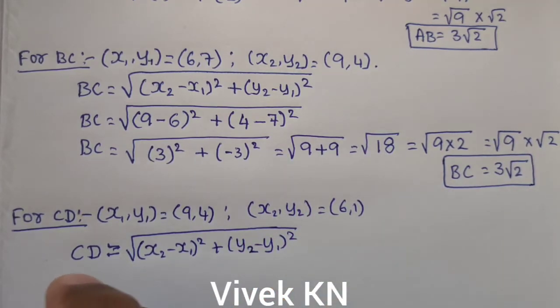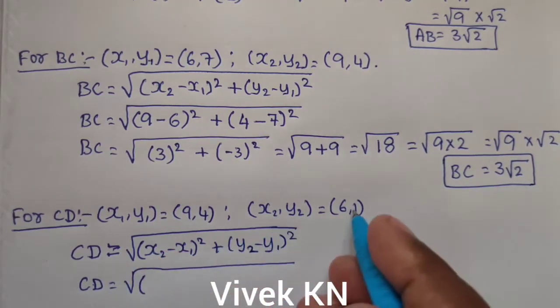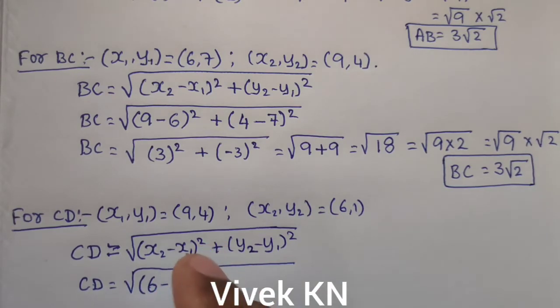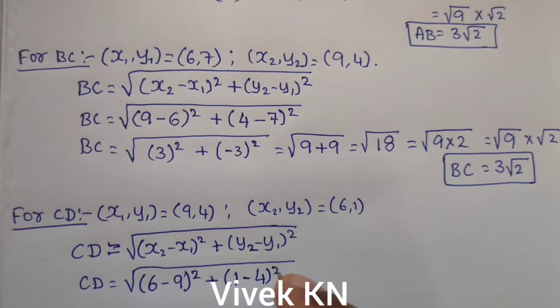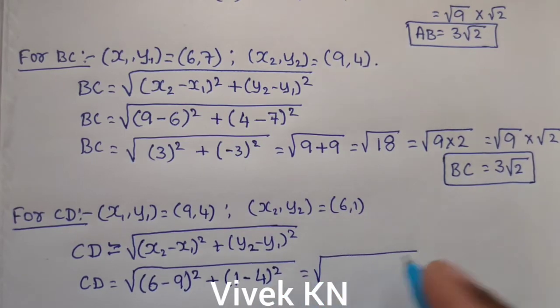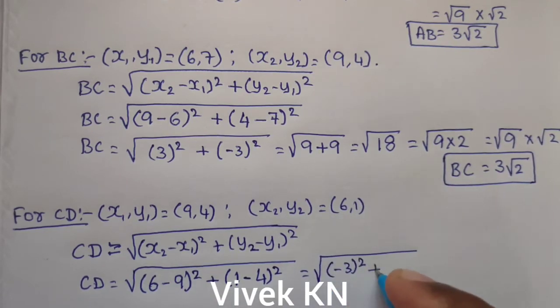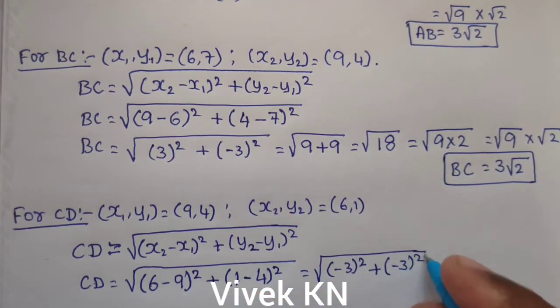Now let us substitute the values of x1 y1 and x2 y2 here. The value of x2 is 6 minus the value of x1 is 9. So 6 minus 9 whole square plus the value of y2 is 1 minus the value of y1 is 4 whole square, which is equal to under root of 6 minus 9 is minus 3 whole square plus 1 minus 4 is minus 3 whole square.